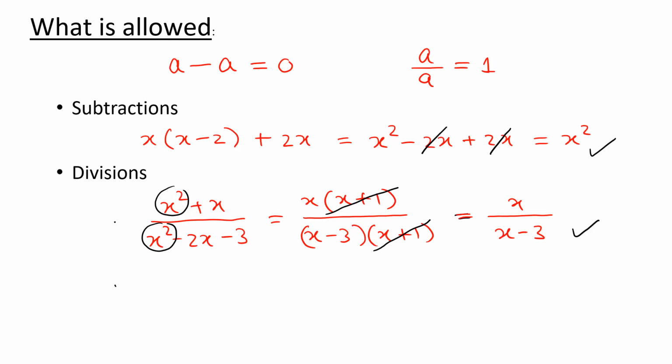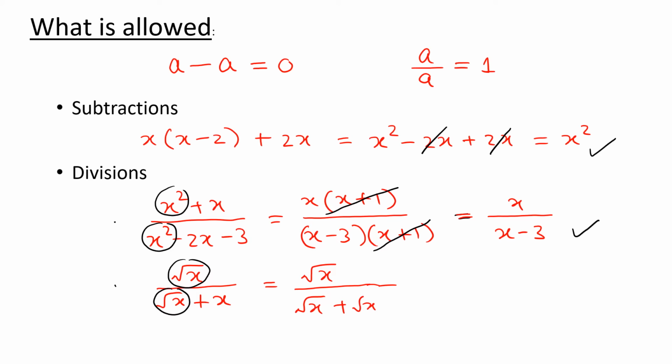Let's say you have x squared over square root x plus x. Again, cancelling x with square root x is not allowed. But what you can do is factor first. In the numerator, I'm going to leave it like that. In the bottom, you can write this as square root x, and x you can write as square root x times square root x.